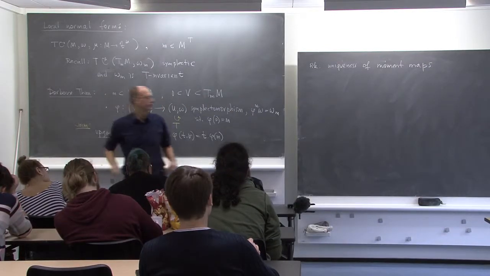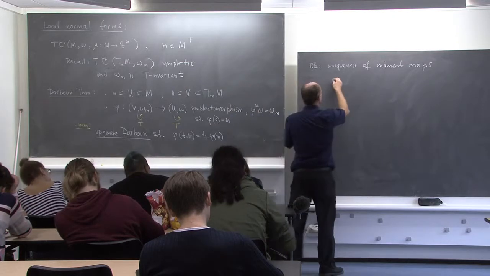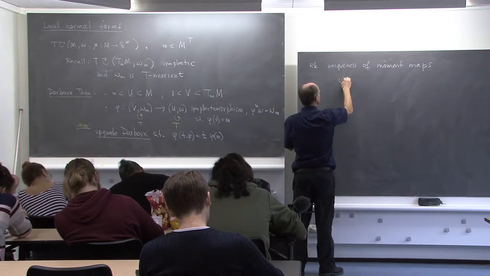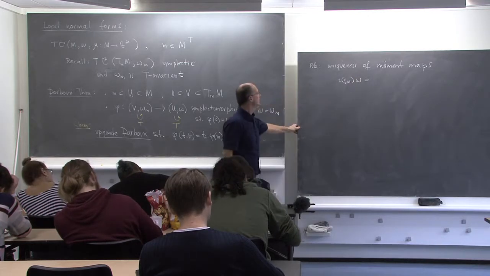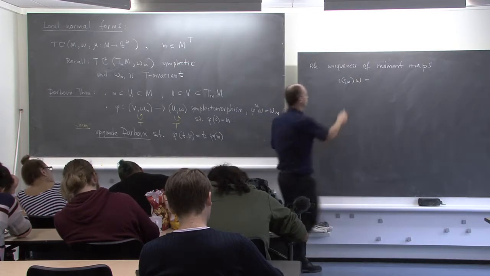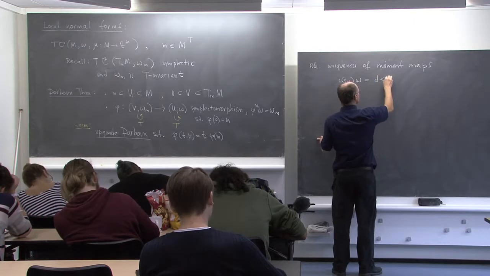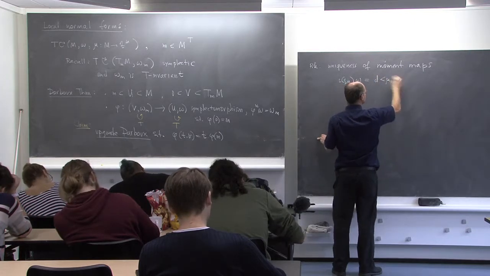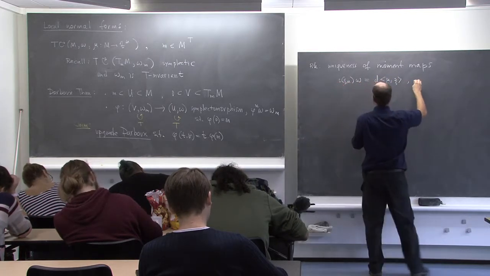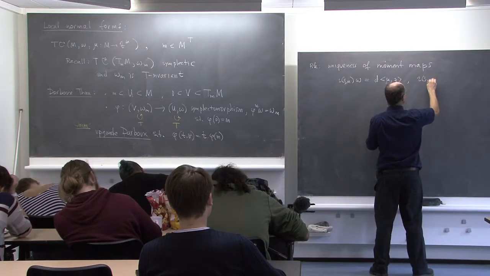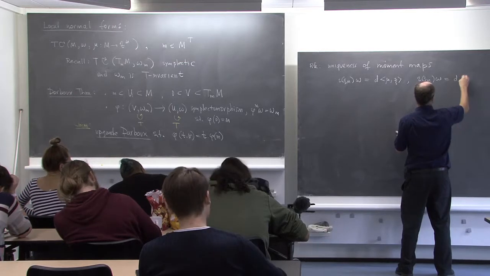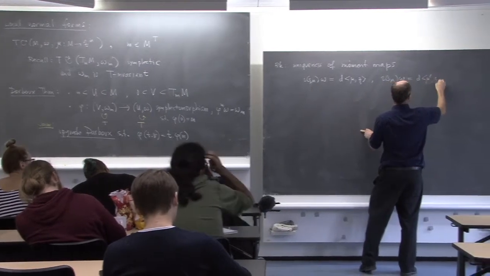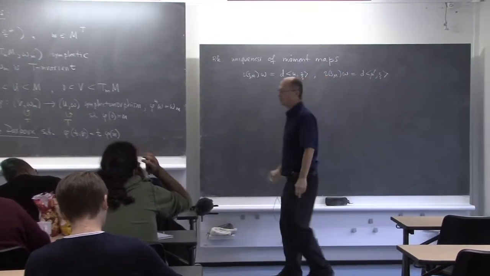Recall that the moment map satisfies the following condition: the contraction of the two-form with a fundamental vector field is d of mu psi. Suppose you have some other moment map, mu prime.